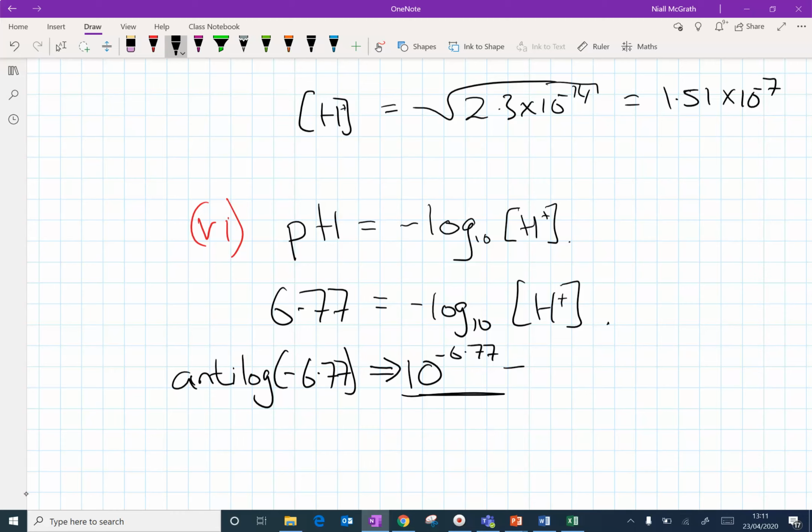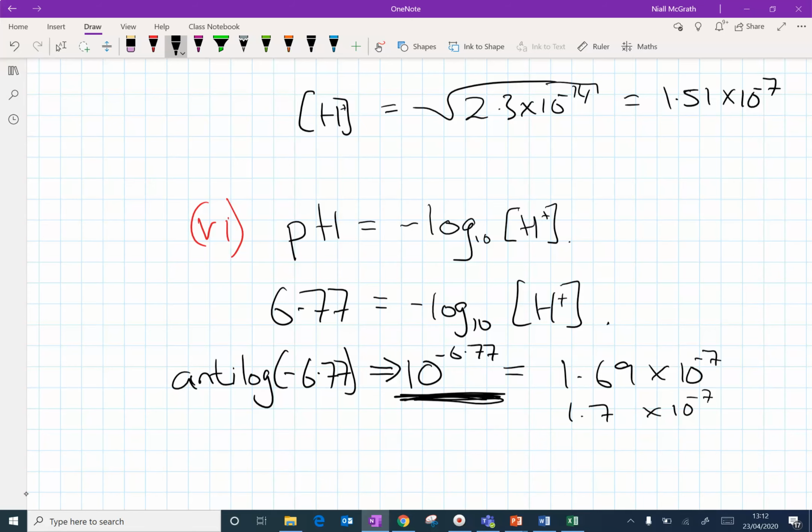So this is how it will come up in your calculator. But make sure it's shift log, that you don't just put 10 to the power of minus 6.77. And that in your calculator comes out to be 1.69 by 10 to the minus 7. They accepted 1.7 as well, the rounded figure.